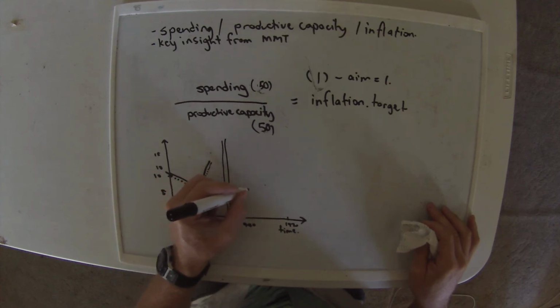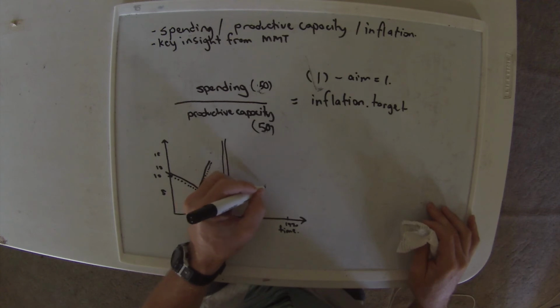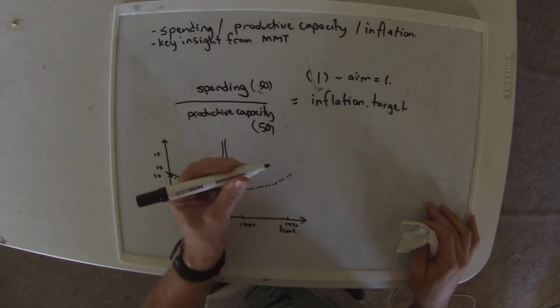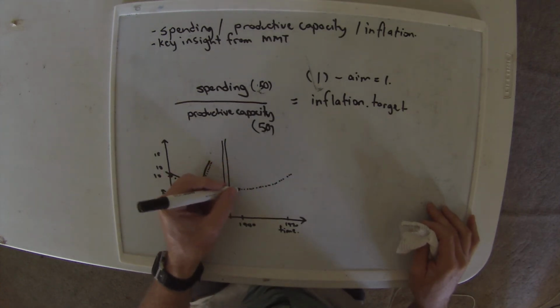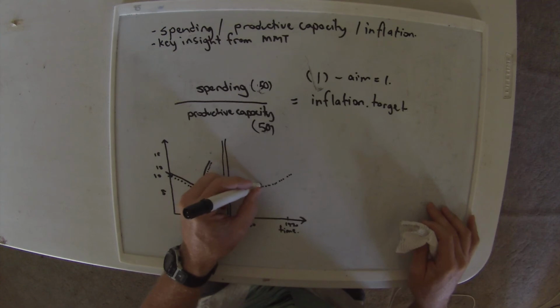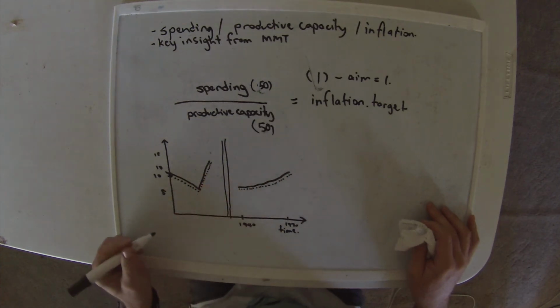Productive capacity was at a level, and then we've pursued growth economics, so it grows a bit, and it grows a bit more, and a bit more, and a bit more. So what do we have to do with our spending then? It was there for a start, and the spending's got to increase a bit, and a bit more, and a bit more, to stay on track with the productive capacity.